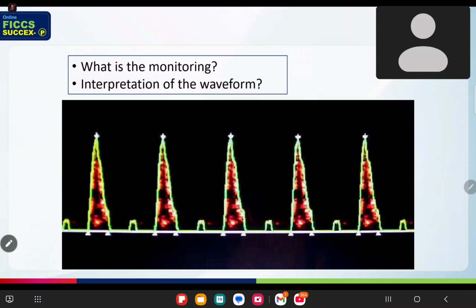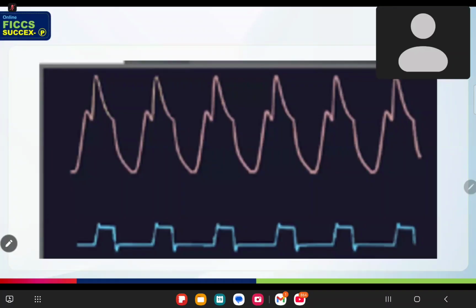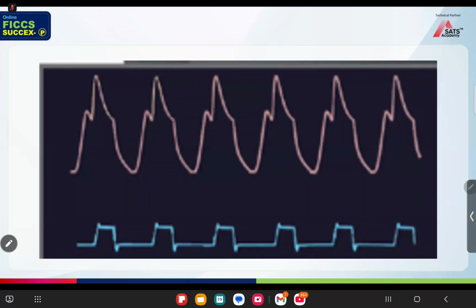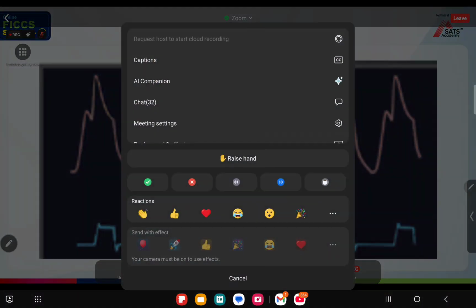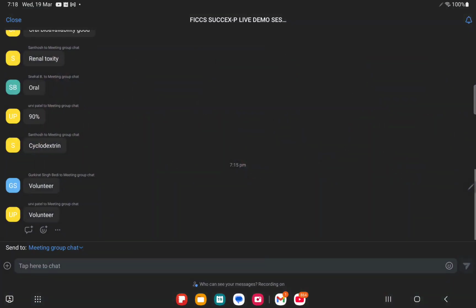So, what is the monitoring and interpretation of the waveform? Next. What is this waveform? Arterial waveform.